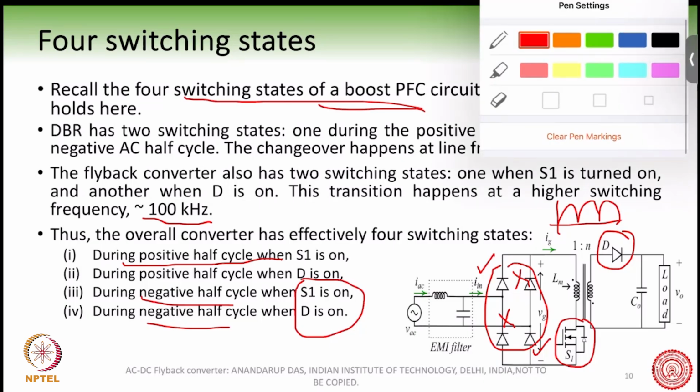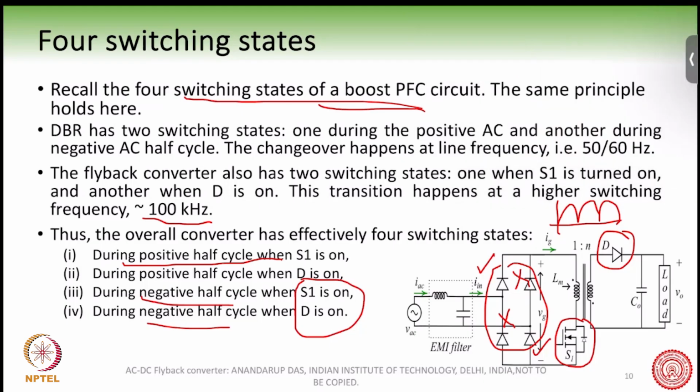So let me try to draw it here on this curve. Let me try to draw it in a zoomed fashion. Suppose I take this half cycle, and here the current will be going like this, and then DCM, so the zero, then again like this, like this.